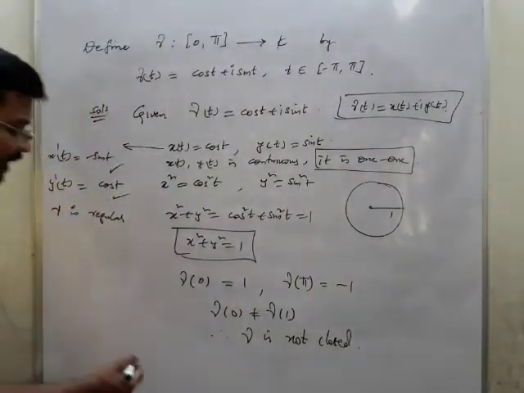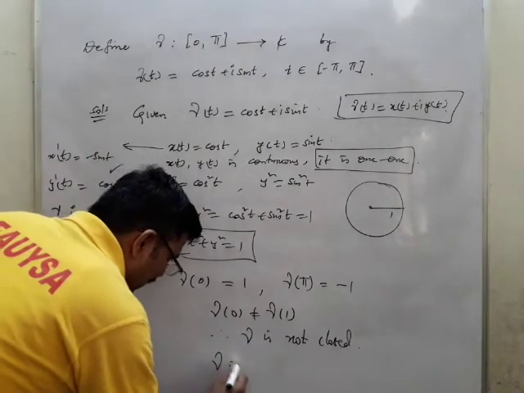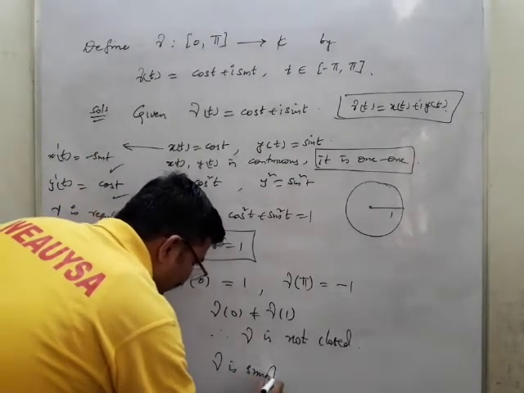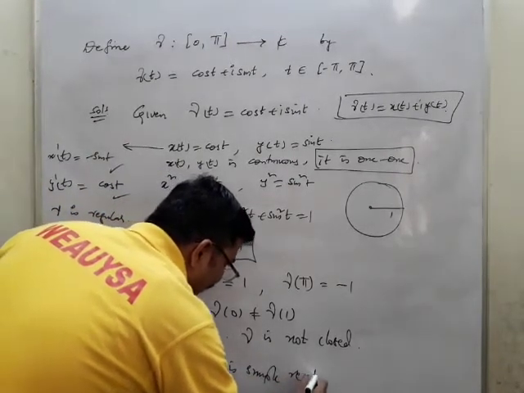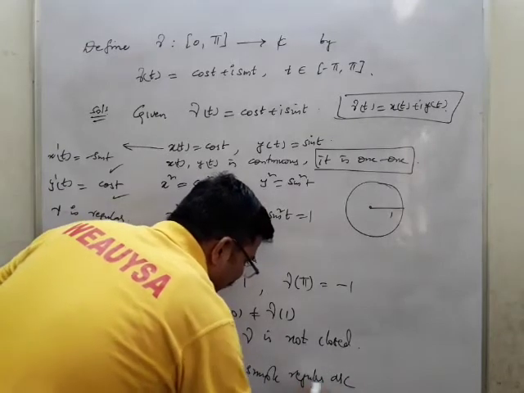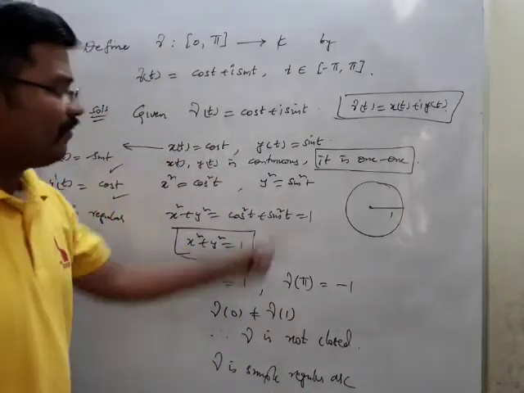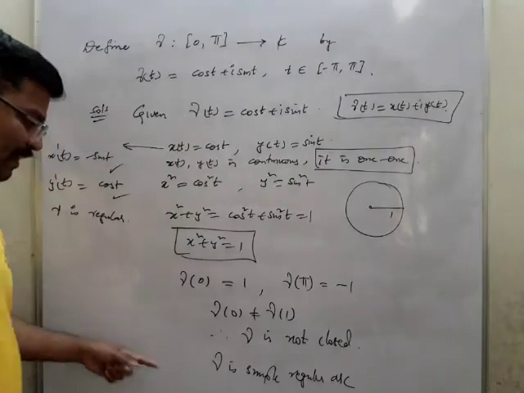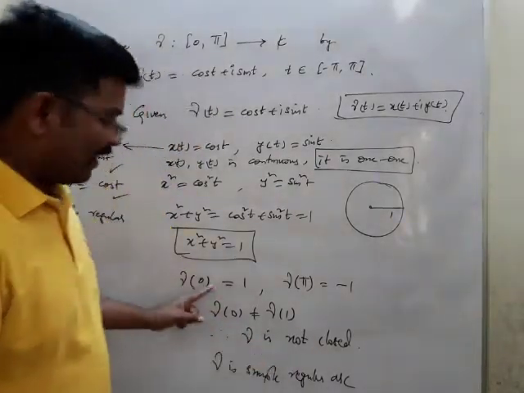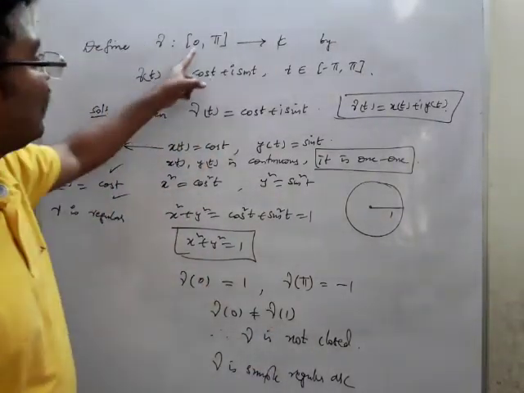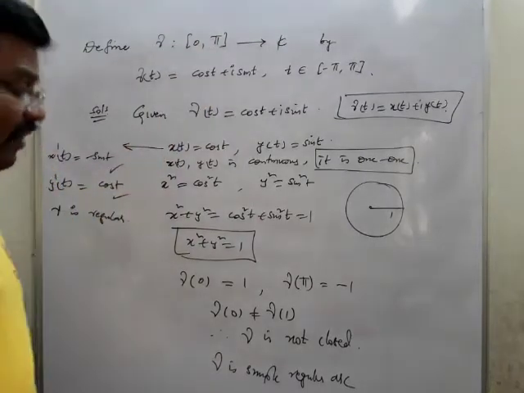I can say gamma is a simple regular arc, because it is satisfying one-one and regular, but it is not closed according to the boundary conditions 0 and pi.